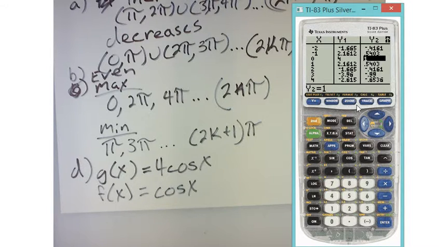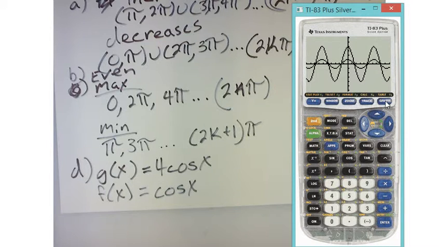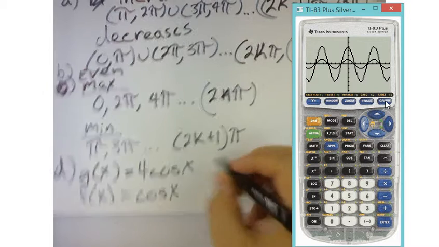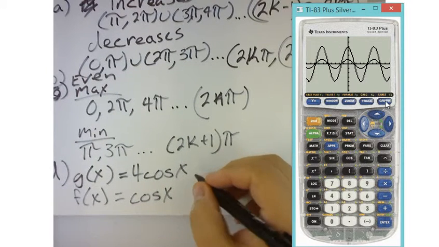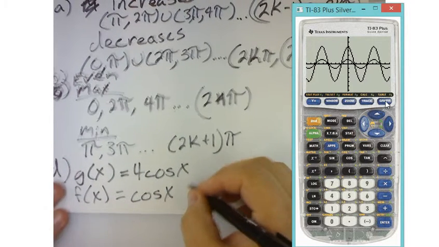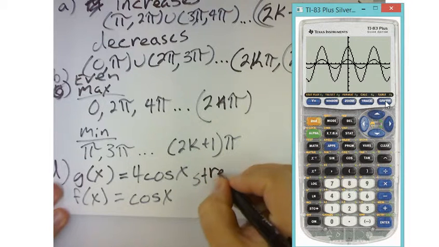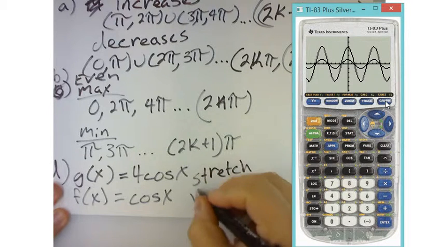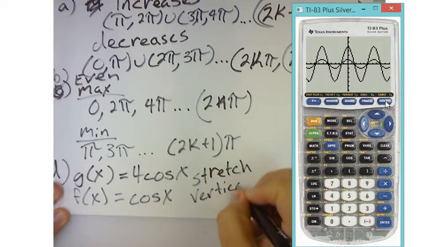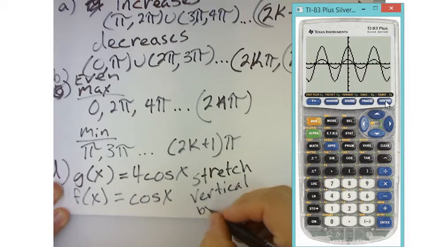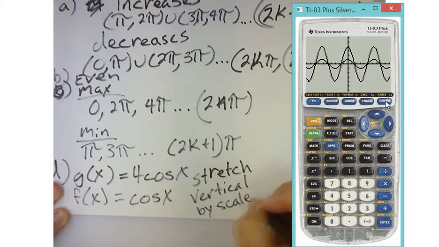Now what will that look like graphically? It's just stretching it vertically. How many units? 4 units. So technically the amplitude is increased to 4, but we're going to say stretched vertically by scale factor of 4.